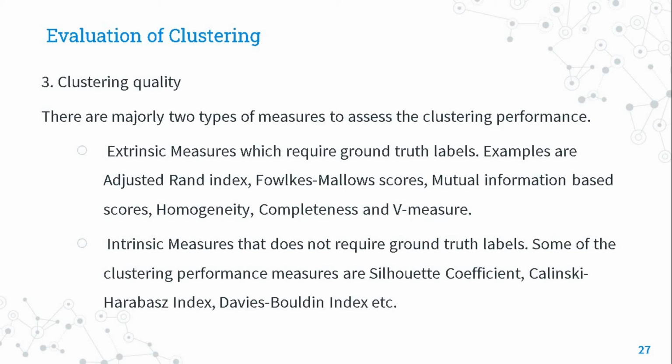The second one is the intrinsic measure that does not require ground truth labels. Some of the clustering performance measures are silhouette coefficient, Calinski-Harabasz index, and Davies-Bouldin index, etc.